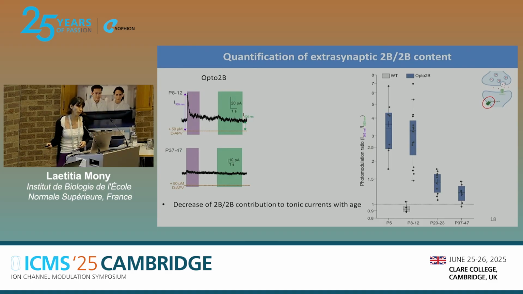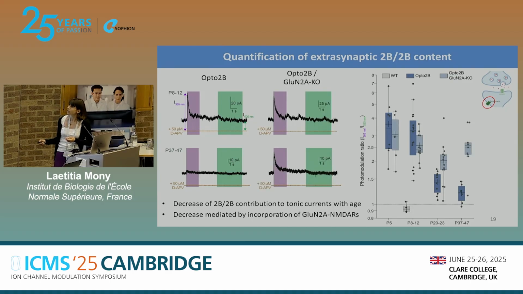We were quite surprised because in the literature it is said that 2B2B diheteromers remain at a high proportion at extrasynaptic sites even during adulthood. So we tested if this decrease was also mediated by the incorporation of GluN2A-containing NMDA receptors.